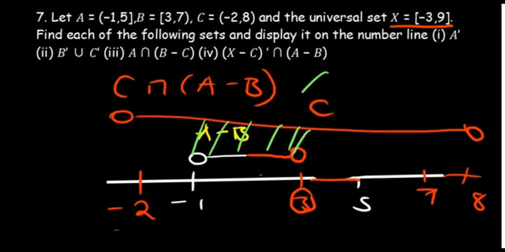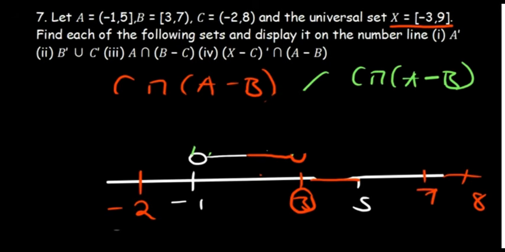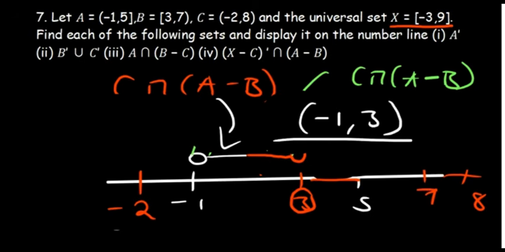That is C intersection A minus B. Describing that in interval notation, or in terms of shading, the common region is the one that is going to remain. This is your intersection. Listing that, it is basically from -1 to 3. So that is our intersection.